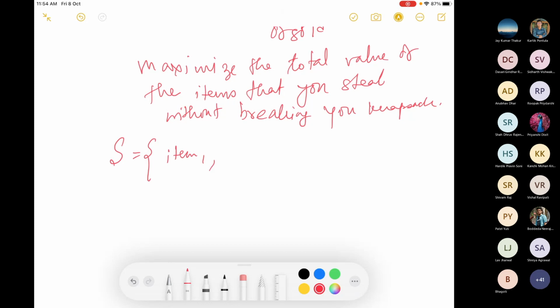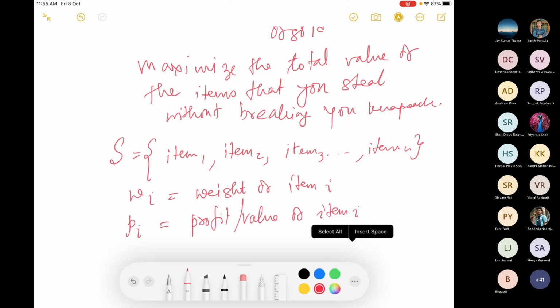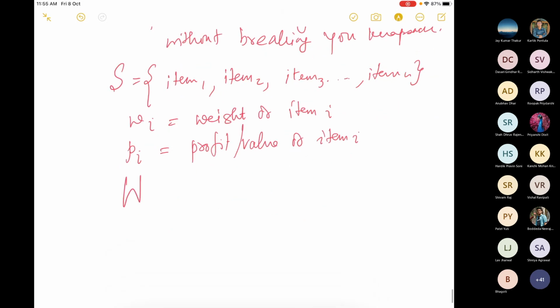There are these items represented in a set S. Say Wi is the weight of item I, and Pi is the profit or value of item I, and capital W is the maximum weight that the knapsack can hold.